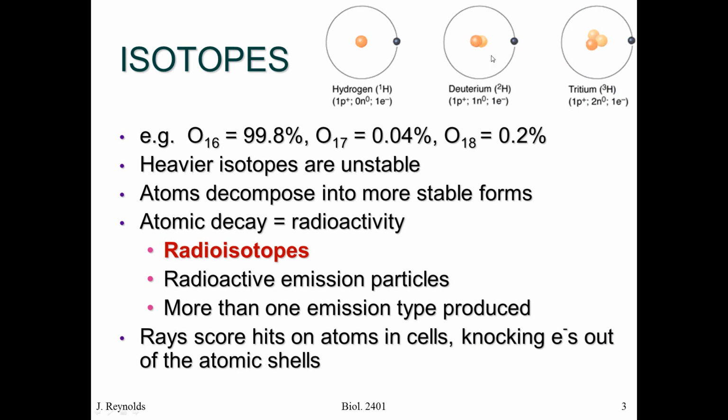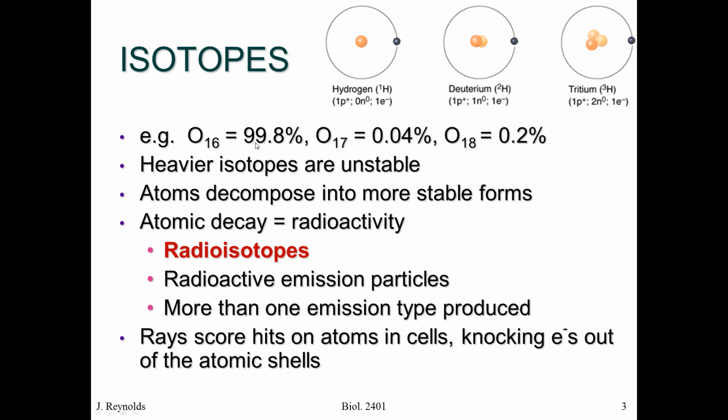But if you look at the center one, you've got deuterium, which has an atomic number of 1, and it's got an atomic weight of 2, because notice that there is a neutron here that's not in the normal, most common hydrogen isotope. That's called deuterium. And then on the right, you can see there are 2 neutrons. So in the nucleus, there are 2 neutrons, 1 proton, so the atomic weight is 3. Its atomic number is 1 because it has 1 proton.